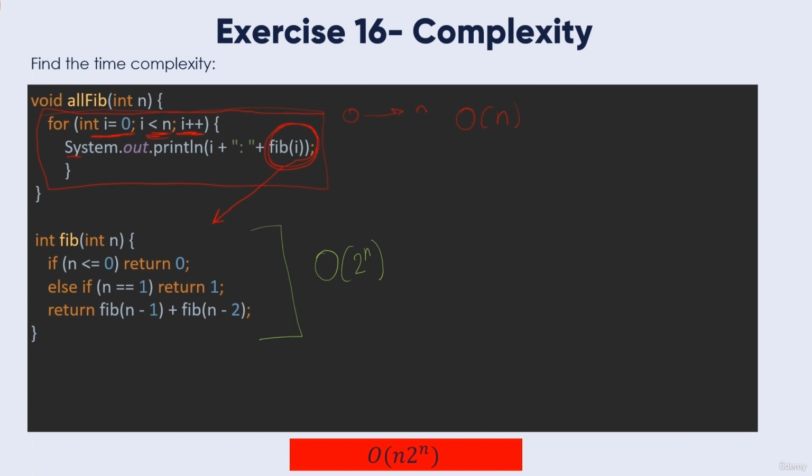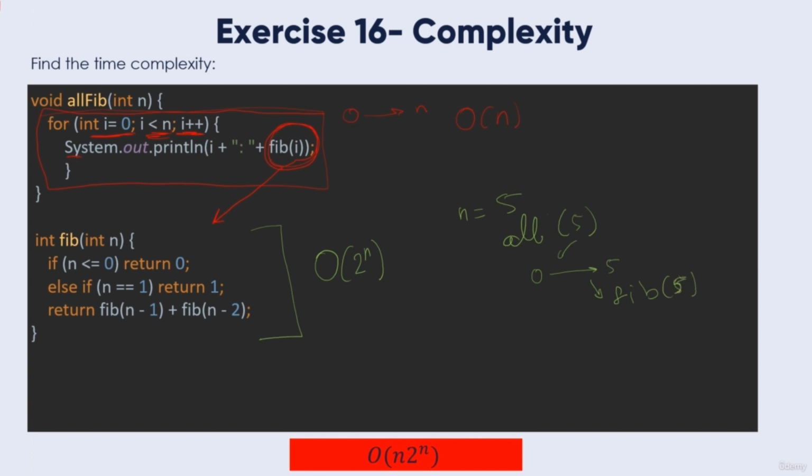Let me show you. If we take an example n equal to 5, all fib will execute up to 5. It will loop through 5 times from 0 to 5, and we call the function fib and pass 5.